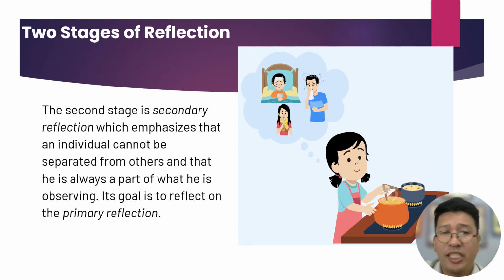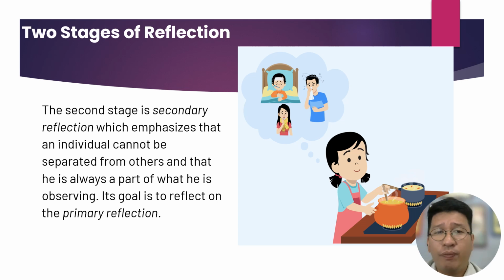The second stage is the secondary reflection, which emphasizes that an individual cannot be separated from others and that he is always a part of what he is observing. So its goal is to reflect on the primary reflection. Instead of separating from his body as an observer, he remains in his body as he observes what he is experiencing.